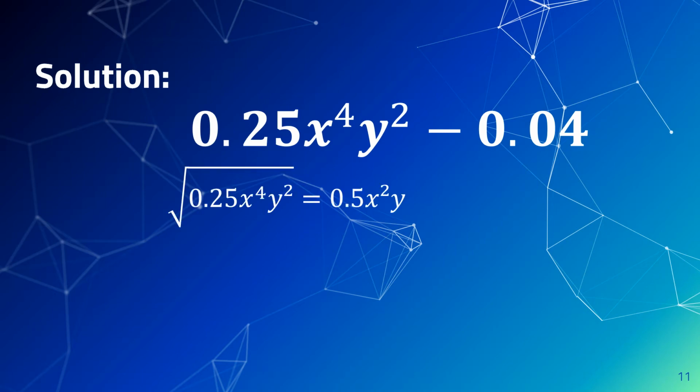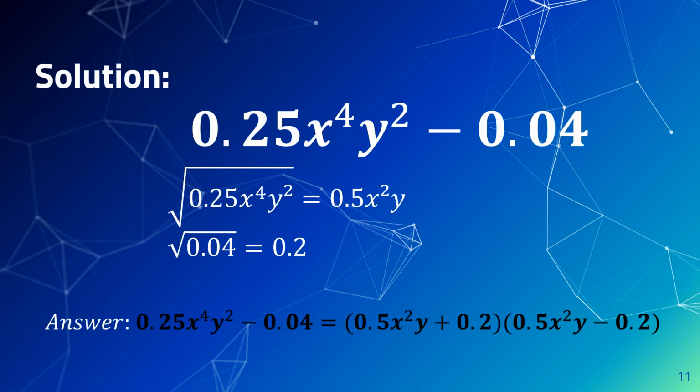The square root of 0.04 is 0.2. Therefore, the factored form is the quantity 0.5x squared y plus 0.2 times 0.5x squared y minus 0.2.